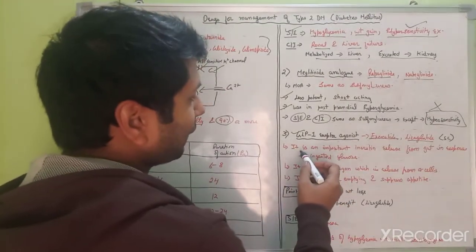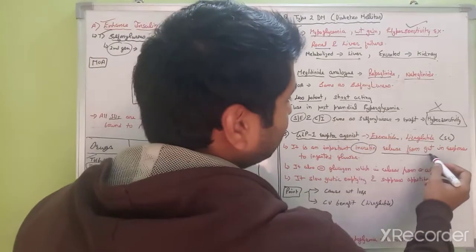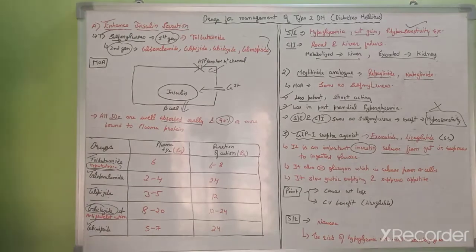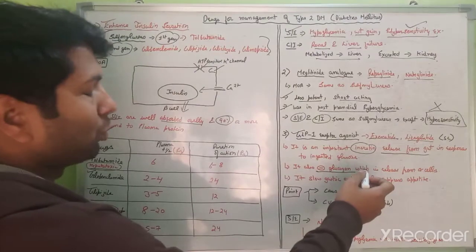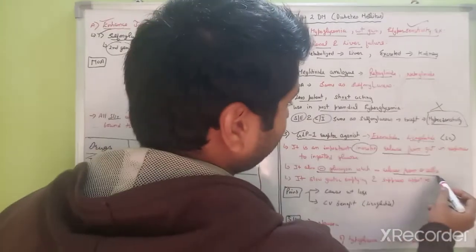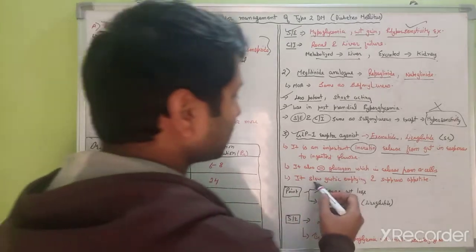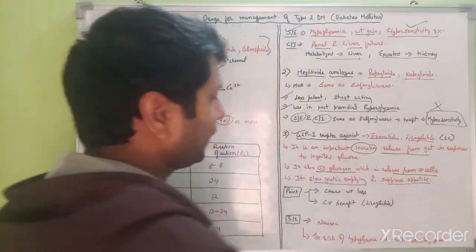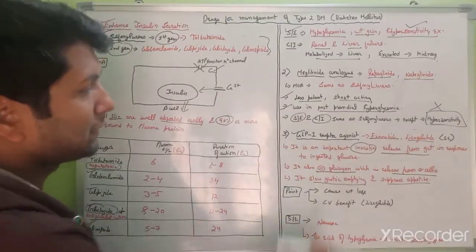GLP-1 is an important incretin that is released from the gut in response to ingested glucose, and it also inhibits glucagon, which is released from the alpha cell, slows the gastric emptying time, and also suppresses appetite.